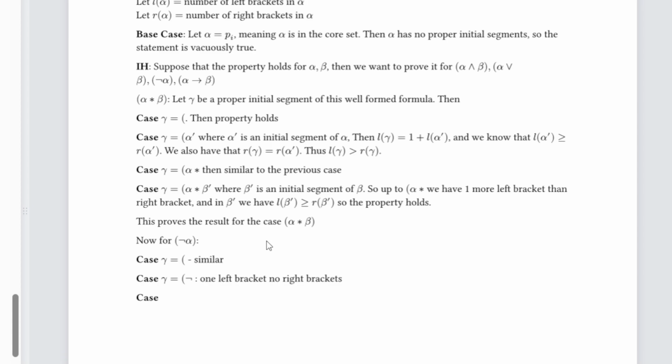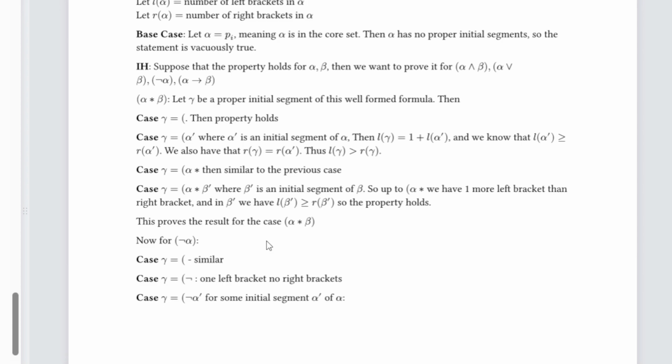Case gamma equals open bracket not, and then alpha prime, for some initial segment alpha prime of alpha.